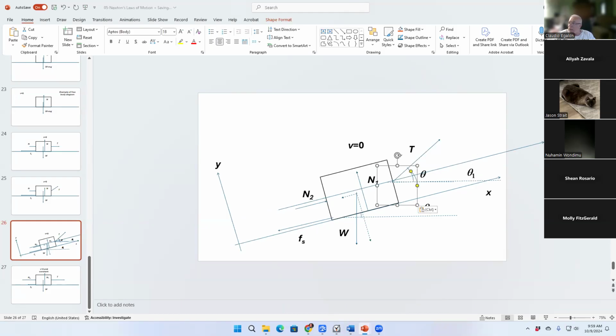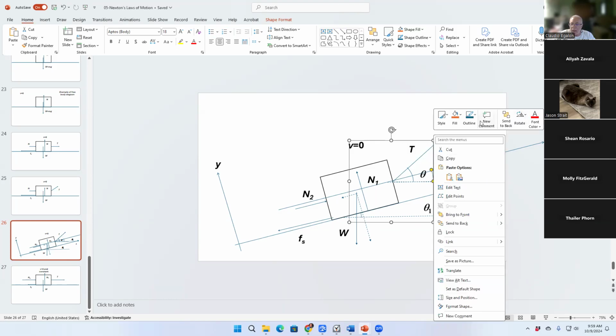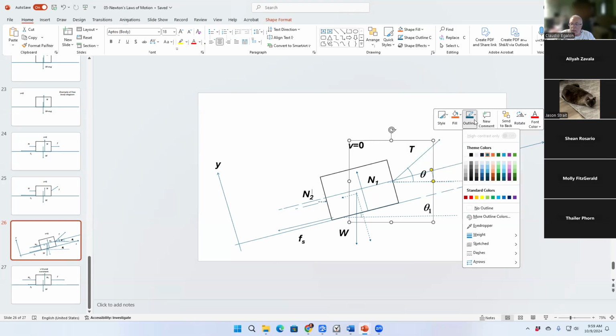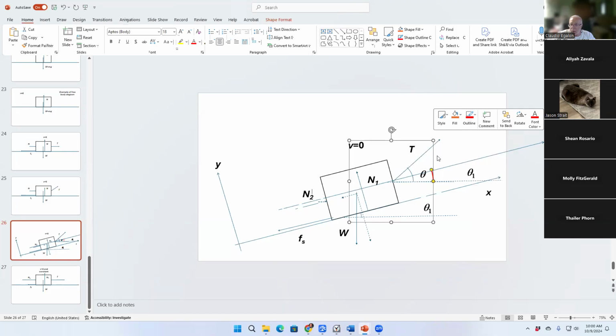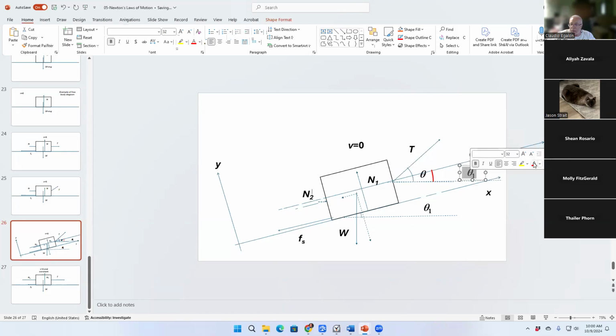I'm gonna use this one. Okay, and here you go. Are you following, Molly? This is theta 1, right? I'm just translocating the angle to another place. I'm going to put theta 1 red here.